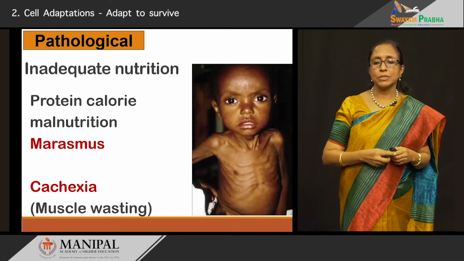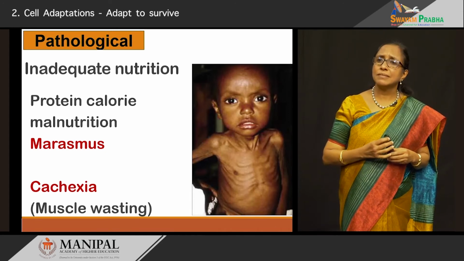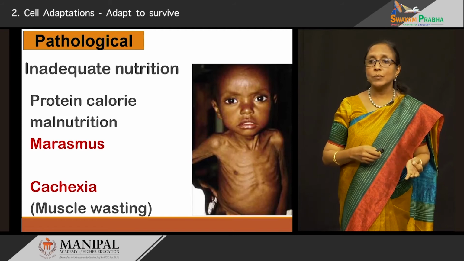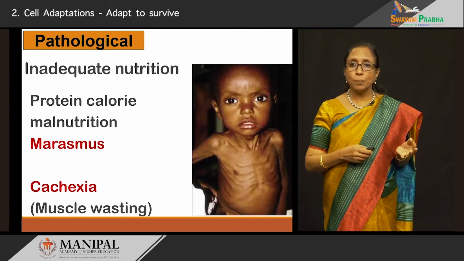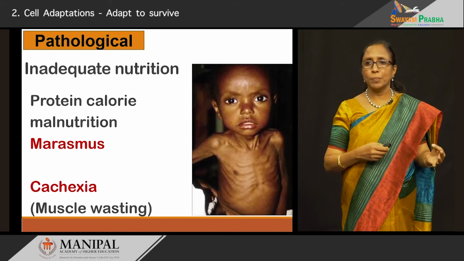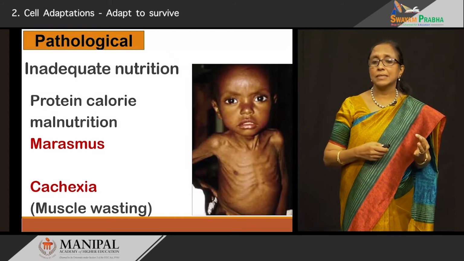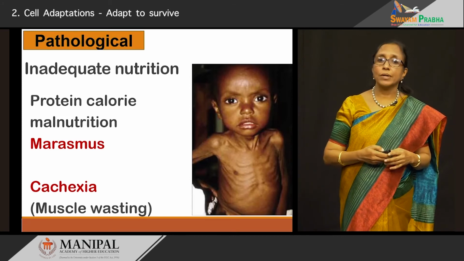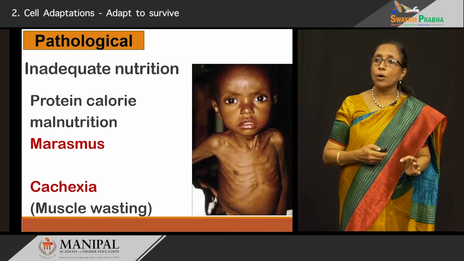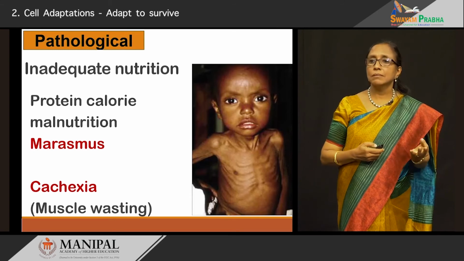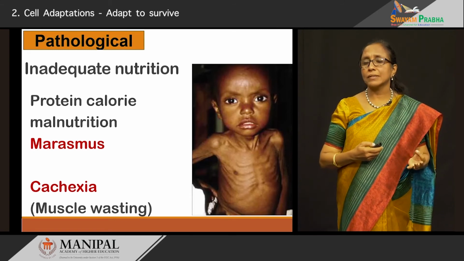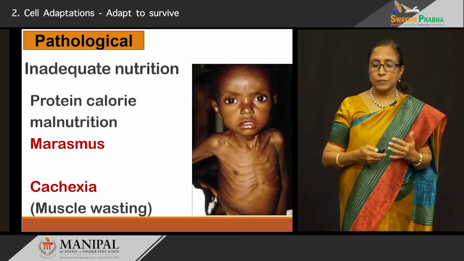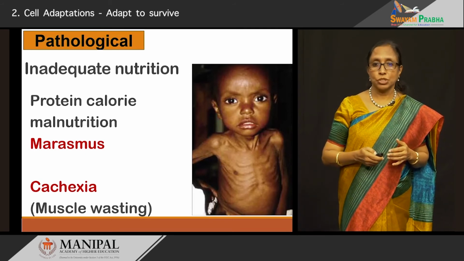A similar situation can also be seen with extensive muscle wasting, which we call cachexia. This we see in cancers, in neoplasms, in people in the late stage of neoplasms or chronic debilitating diseases; they can have generalized muscle wasting, and that is called cachexia. These are because of certain cytokines like tumor necrosis factor and others that cause the muscles to atrophy. This is inadequate nutrition.